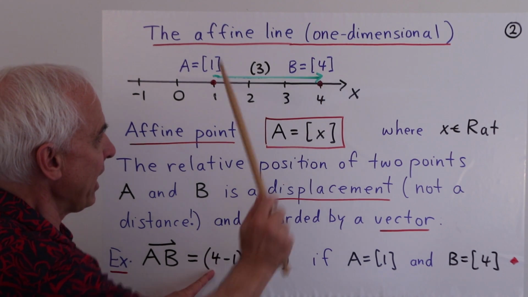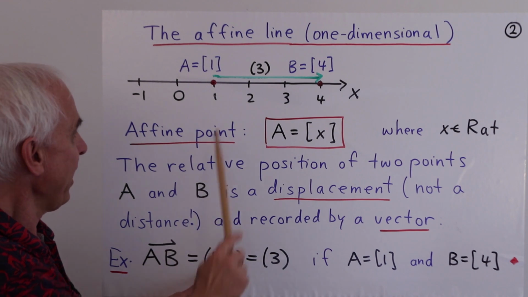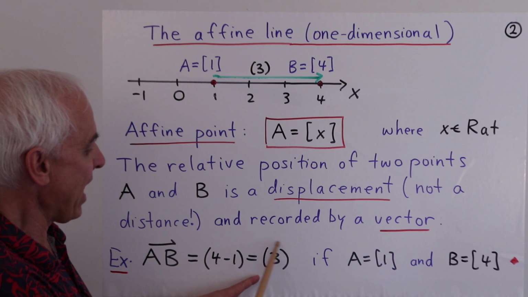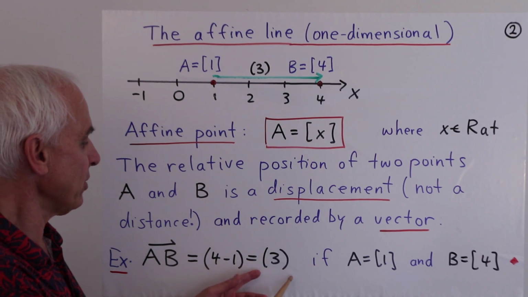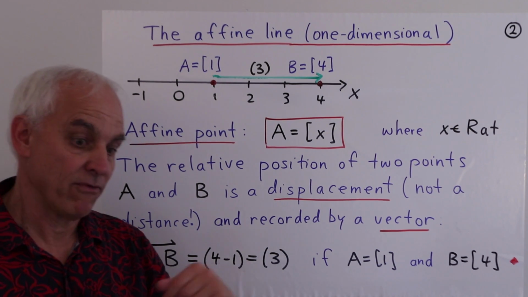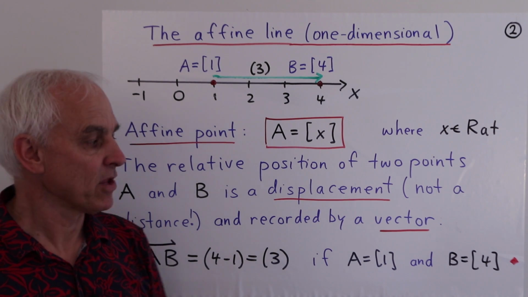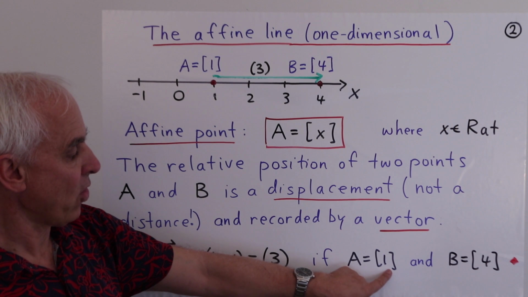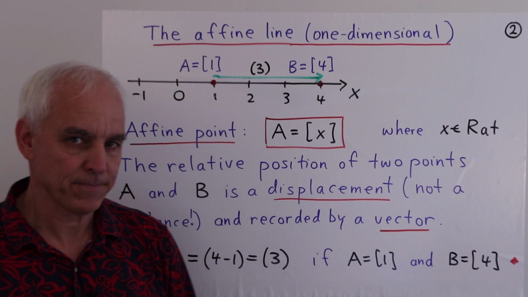We'll take the entry of B and subtract the entry of A. That gives us, of course, 3. And so that's the notation that we're going to use to describe this vector, this displacement between A and B. All right, so that's in the case when A is the point 1 and B is the point 4.